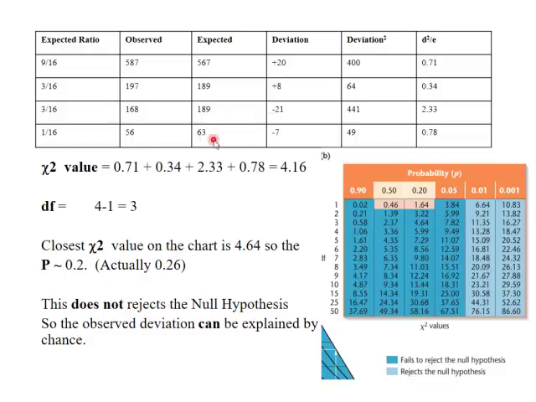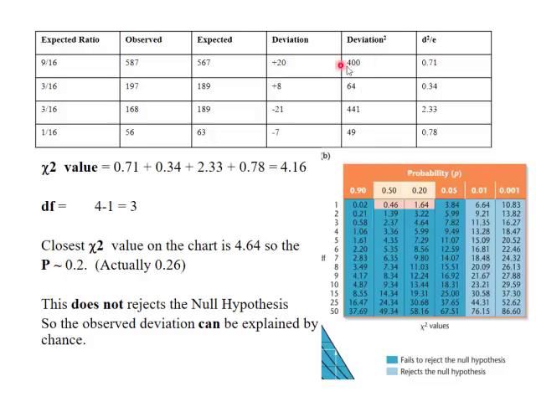And observed minus expected here gave us a negative 7. Then we're going to square each of these numbers to get our deviation squared. So 20 times 20 is 400, 8 times 8 is 64, negative 21 times negative 21 is 441, and negative 7 times negative 7 is 49.